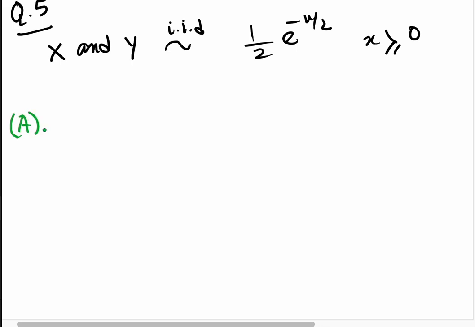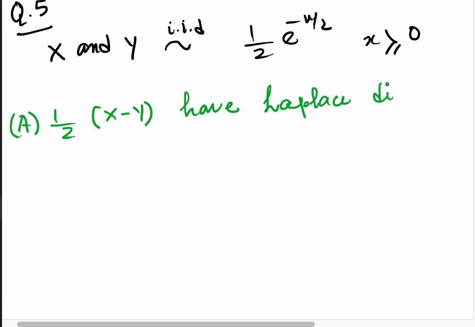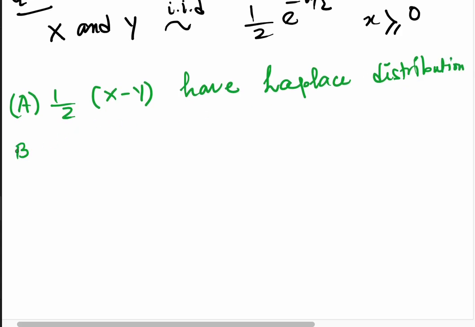A, half (x minus y) has Laplace distribution. B, expectation of half (x minus y) is equal to 0.